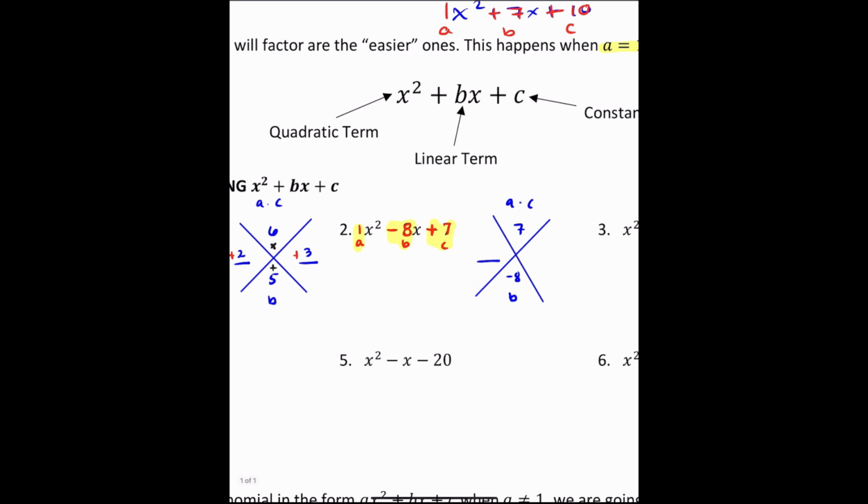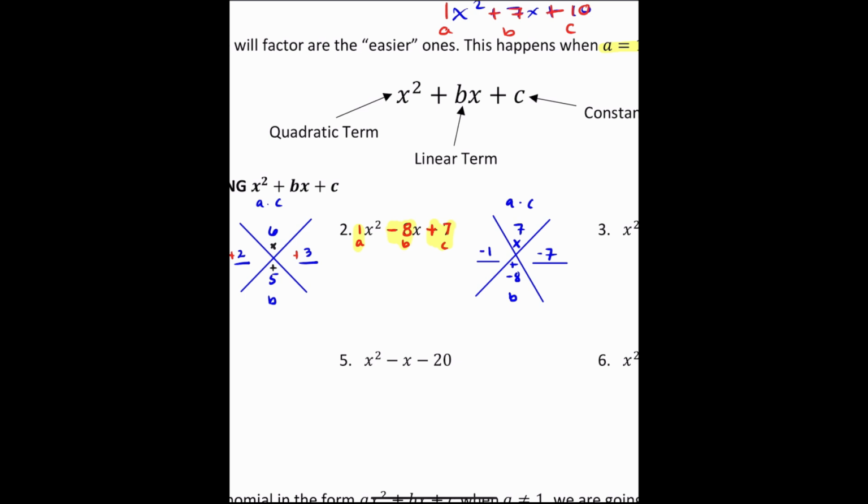So what we need to do is think of two numbers that multiply together to give you 7, but add up to negative 8. The two numbers that I'm thinking are 1 and 7. Now look, 1 times 7 is indeed 7, but 1 plus 7 is not negative 8. So we look at these two values, our 1 and 7, and make them both negative.